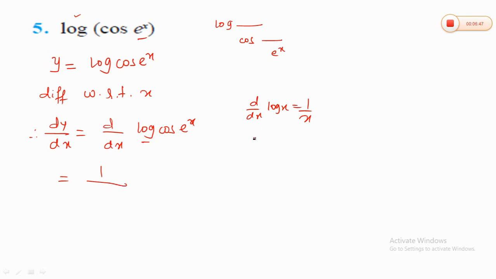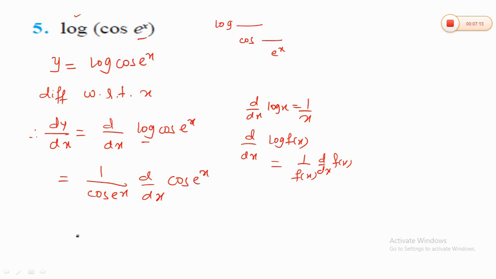Consider this also, it is better: d by dx of log f(x) is 1 by f(x) times dy by dx of f(x). The derivative of log is 1 by f(x), cos e raised to x, then dy by dx of the remaining things, cos of e raised to x. Now 1 by cos of e raised to x, this into the derivative of cos, which is minus sine of e raised to x, then again dy by dx of e raised to x.